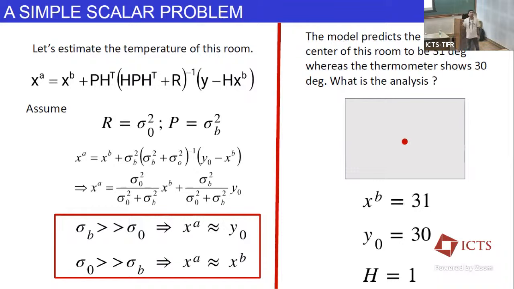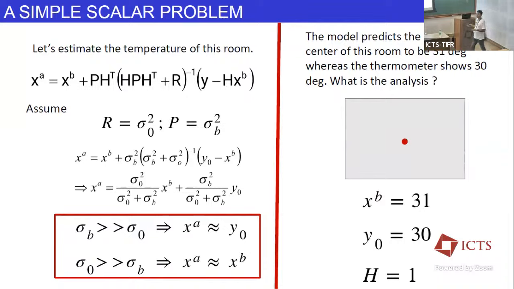And I do not want to trust my model. Rather, I will trust the observations. So the analysis inclines towards the observation. In the opposite scenario, when there is a lot of error in your observation, you know beforehand, there is a lot of variance, there is a lot of uncertainty in your observation, the analysis will incline towards the background.